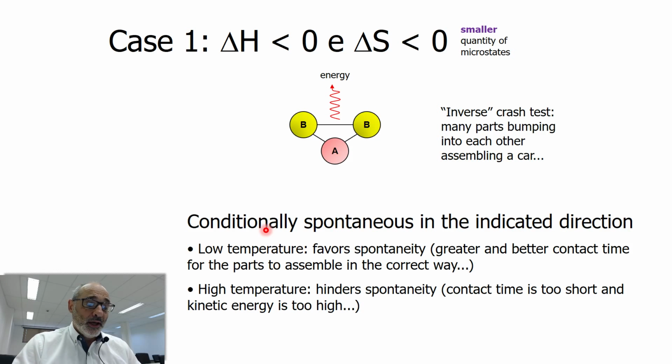So lower temperature favors spontaneity, with greater and better contact time to assemble in the correct way. Low temperature favors spontaneity, and the opposite, high temperature hinders spontaneity, decreasing the probability of the reaction taking place because the contact time is too short and there is too much kinetic energy.